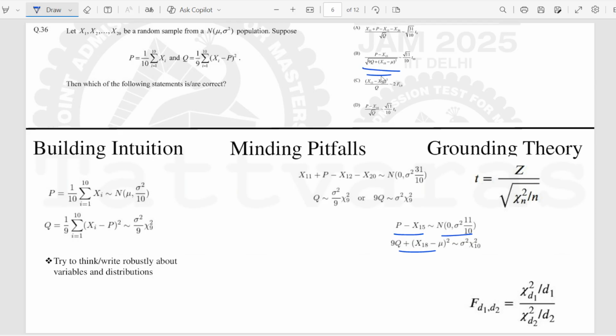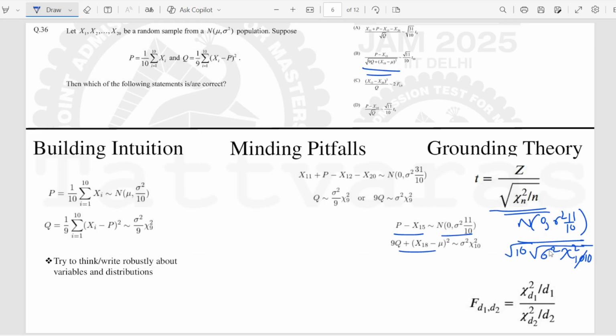So the term given is essentially normal 0 sigma square 11 by 10 scaled by a factor of root over sigma square chi square 10. Now to make it into a structure like this, we can divide by 10 inside the root, which means we'll have to multiply by 10 over here.